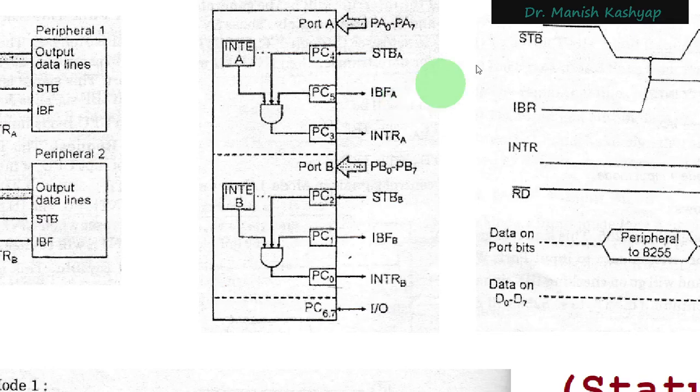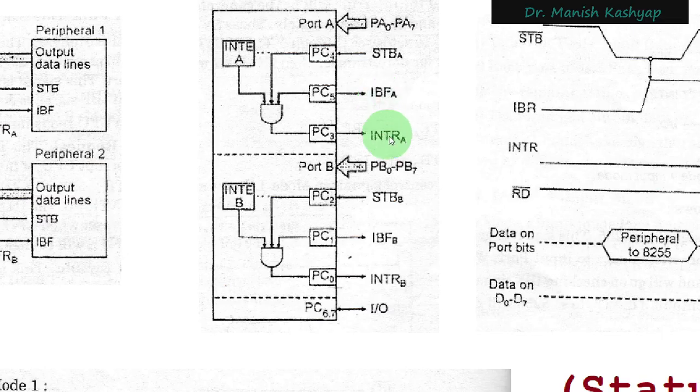Now, 8255 will transfer this data which is available at port A to the microprocessor. For this, it has generated one interrupt. It will interrupt the microprocessor, and there will be an interrupt service routine inside the microprocessor. We have seen how to write them, and that interrupt service routine will take that data. Once this happens, the process of transfer of data from peripheral to the microprocessor is over. Now what do we need to do?